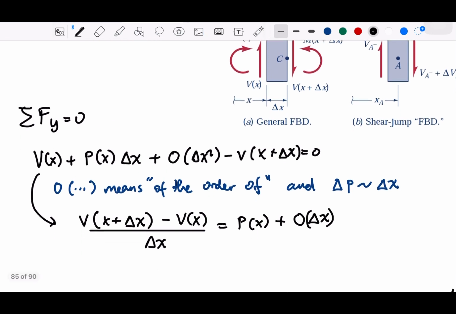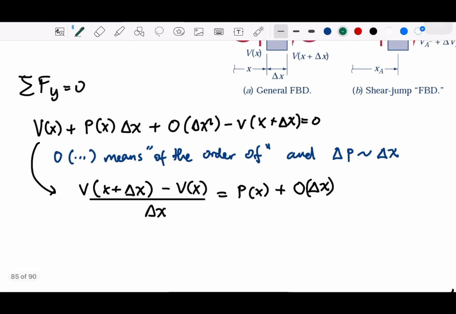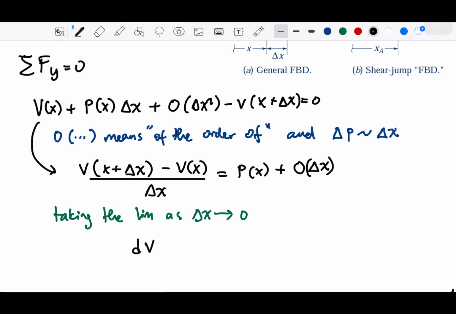Okay, and so O doesn't really matter for now, so just bear in mind. Taking the limit as delta x goes to 0, we get that this is going to be dV dx.